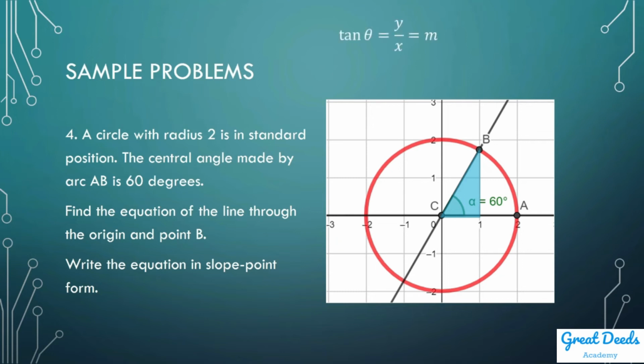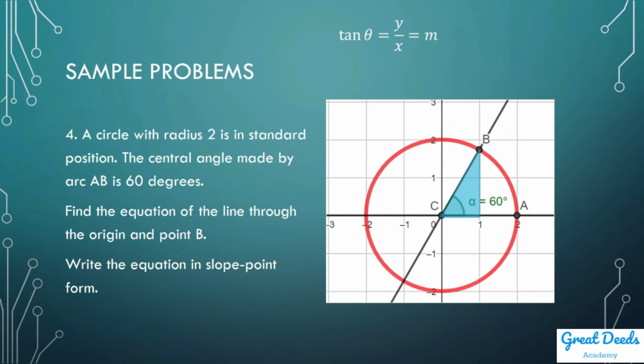The tangent of an angle of a right triangle is equal to the side opposite over the side adjacent. The side opposite is the change in y, coming from point C going to point B, and x is the change in x.